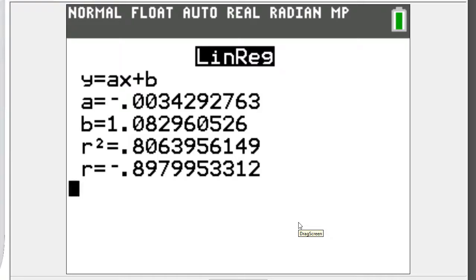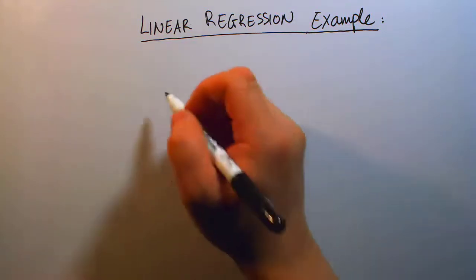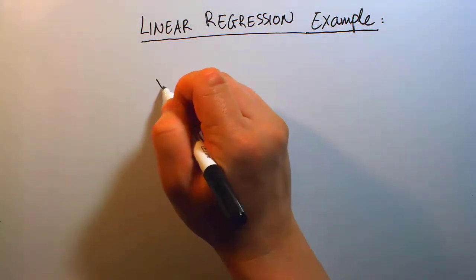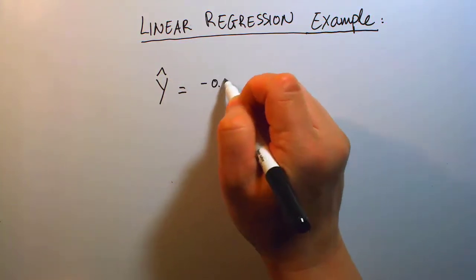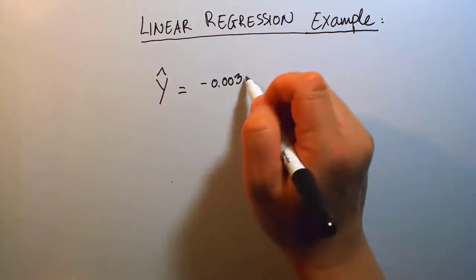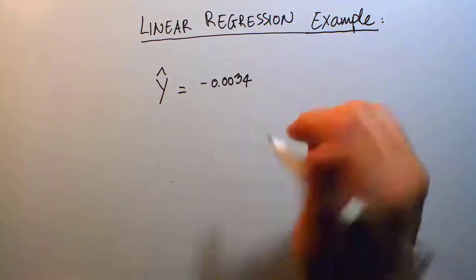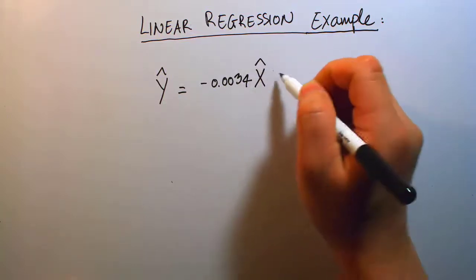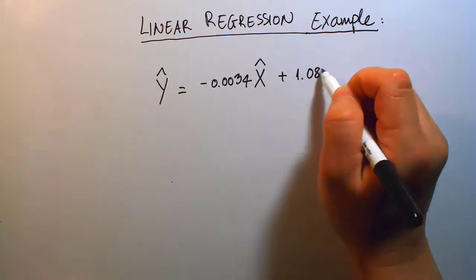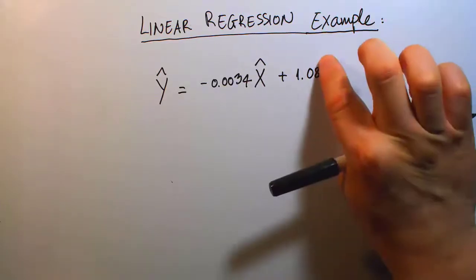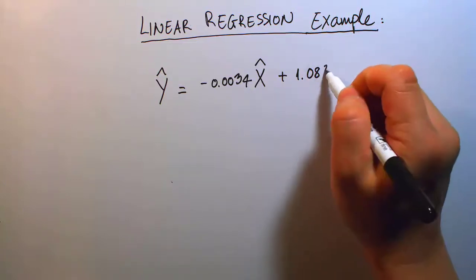And so now concluding our question, that's how easy we can find the equation of the best fit line in this example. Our equation of the best fit line is simply y hat equals minus 0.0034 x plus, to keep things simple, I'm going to use only 4 decimal places, 1.083, and that's about the best we can do.